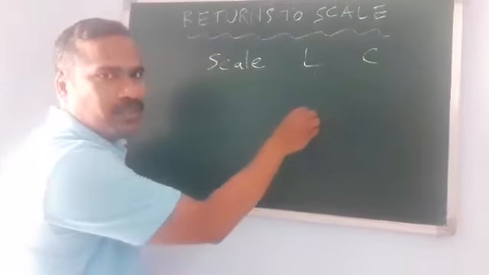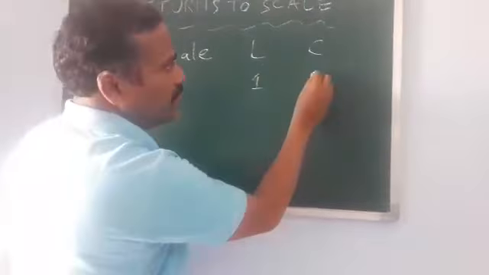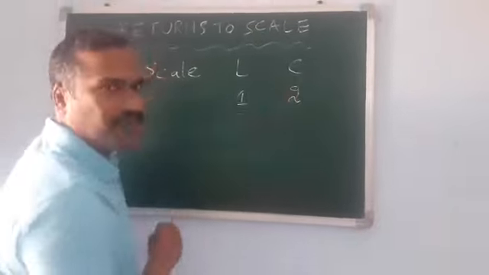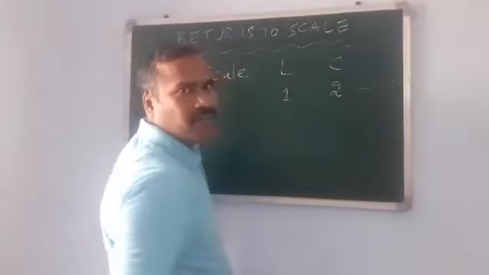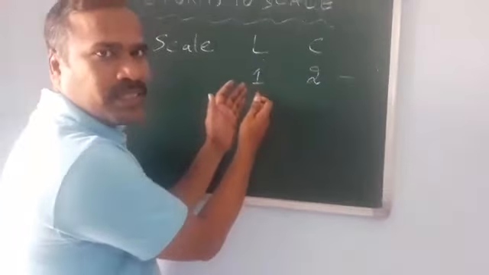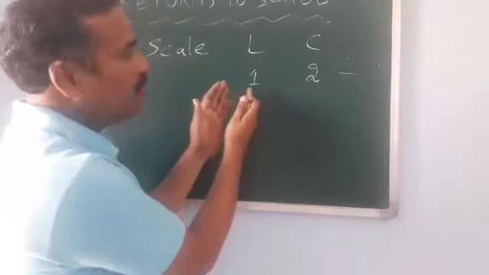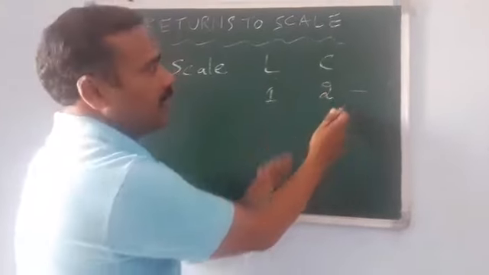Okay, for example, I am taking 1 unit of labor and 2 units of capital. This will give some level of production. So how much are we using labor and capital? 1 unit of labor and 2 units of capital.